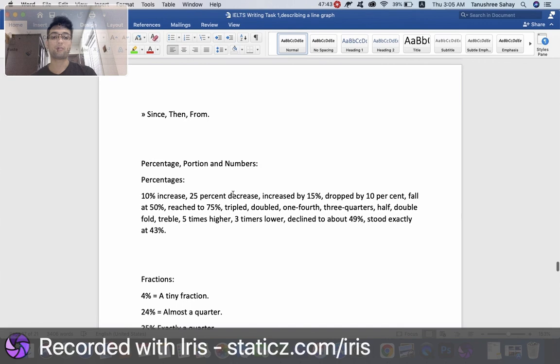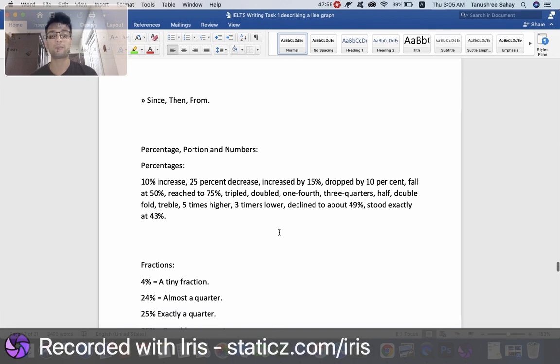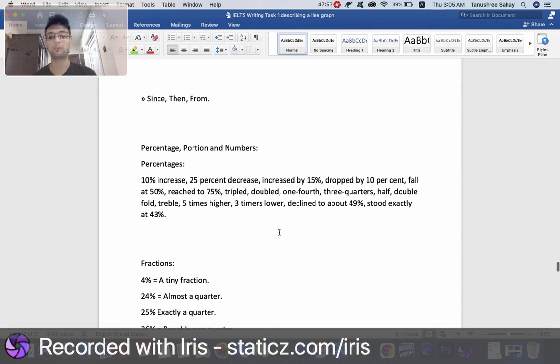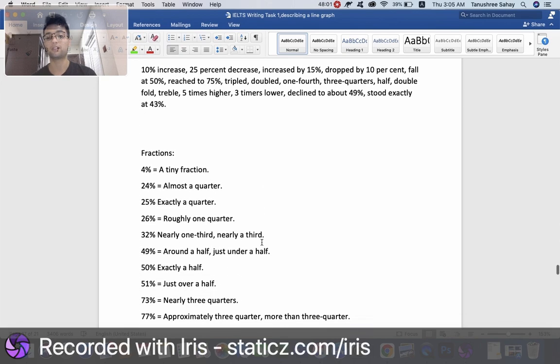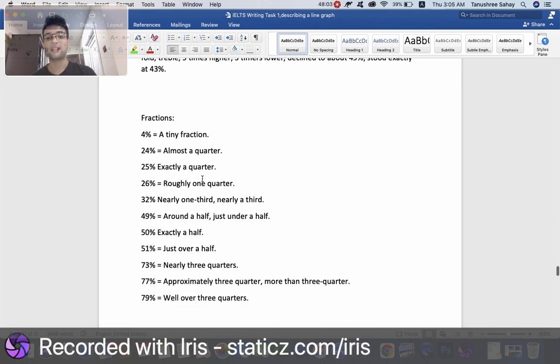And for percentages, we have some words for two times or three times, like double and triple. You can say a quarter, three quarters, half, twofold, treble. I'm going to explain all of these in the whiteboard video. Plus, if you have lower percentages, you can use this vocabulary.